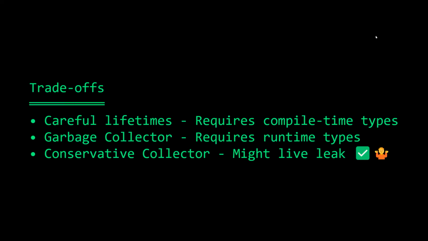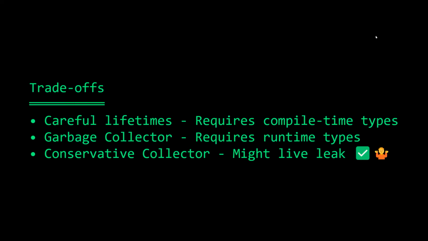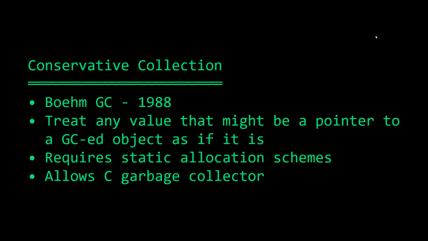A garbage collector normally requires runtime types, but there is a type of garbage collector called a conservative collector that doesn't require as much typing information, although it does have the slightly negative property that there are cases where it can leak. So I'm going to go with the third one just because that's the easiest to slot in. I think there might be some clever thinkers who might be able to proceed down these other two roads, but this is where I went.